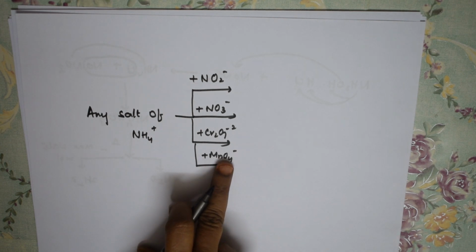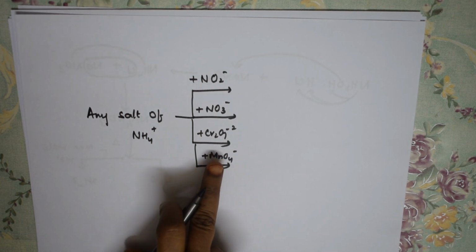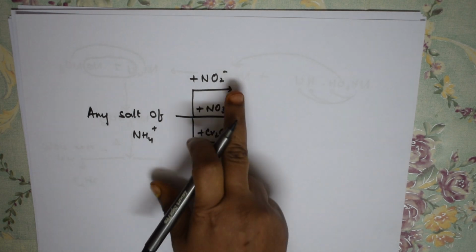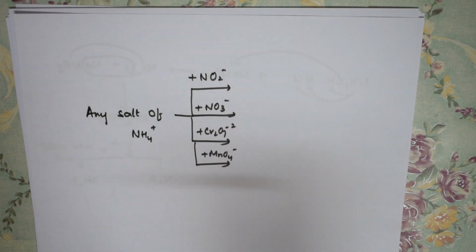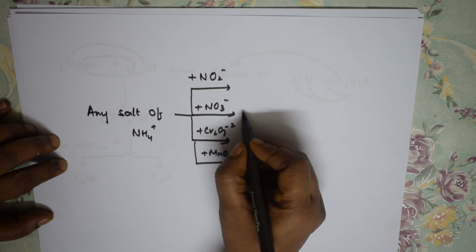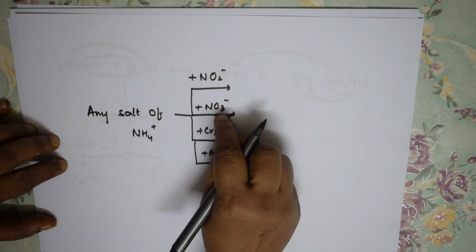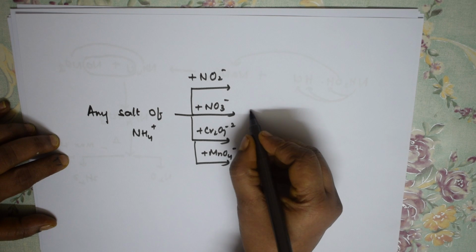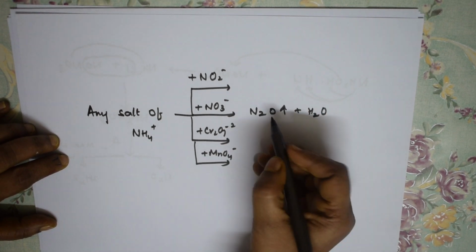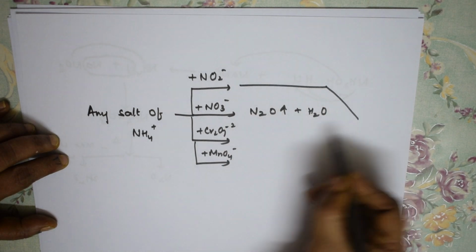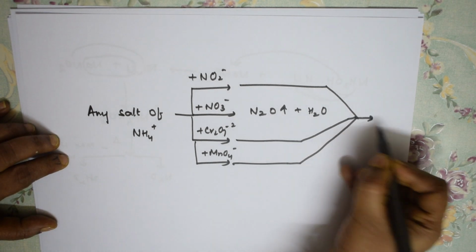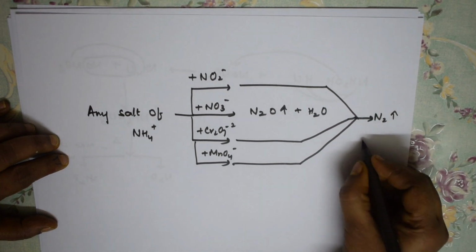Whenever you're taking, just see for manganate, for dichromate, and for nitrite. Only for nitrate, the product which you get is nitrous oxide plus water. For remaining all, for this one, this one, and this one, the products are nitrogen gas and water.